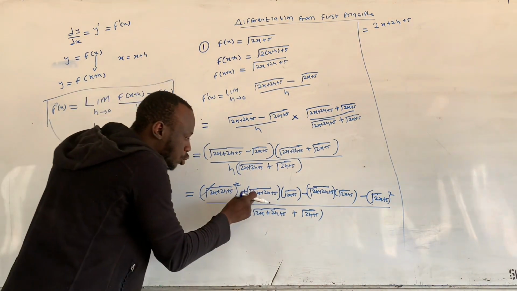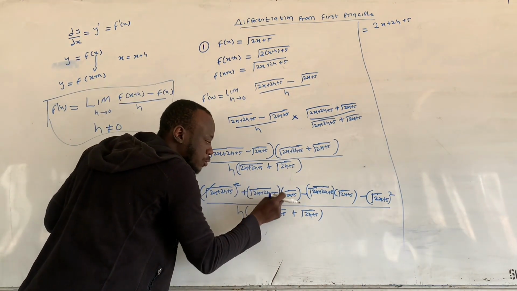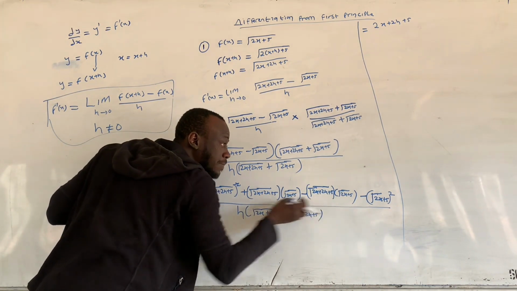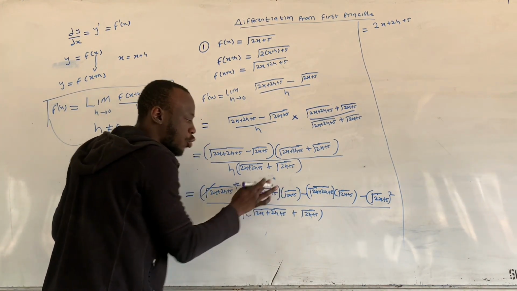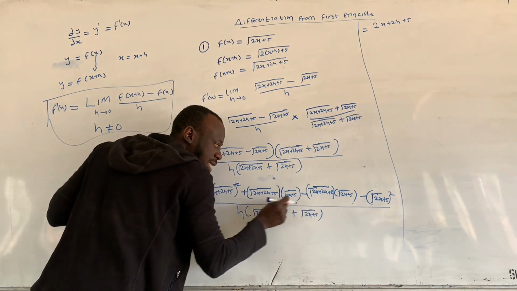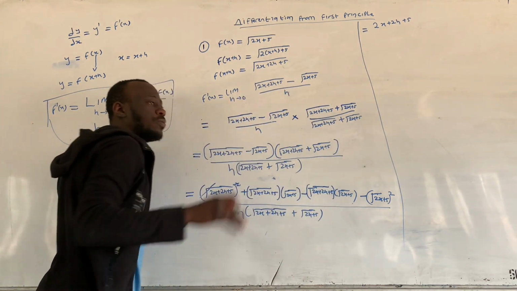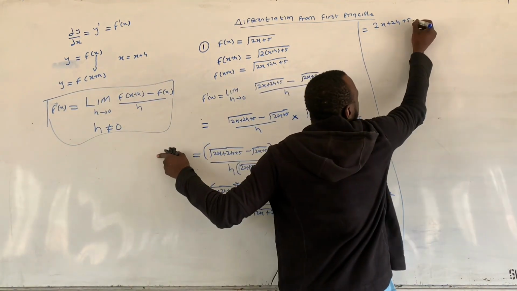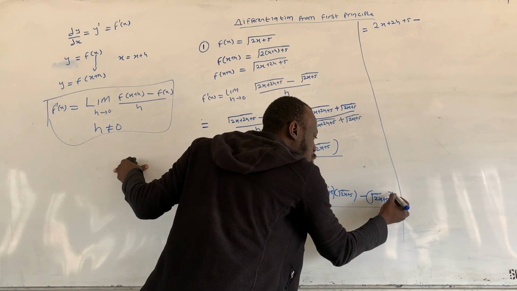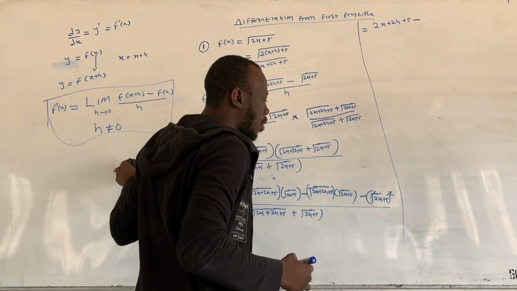We have root 2x plus 2h plus 5 times root 2x plus 5 minus the same thing. It's like we say 2 minus 2 equals 0. Then this minus this, things are the same, they are equal to 0. Then now this minus sign here, again these two come and square cancels out root.